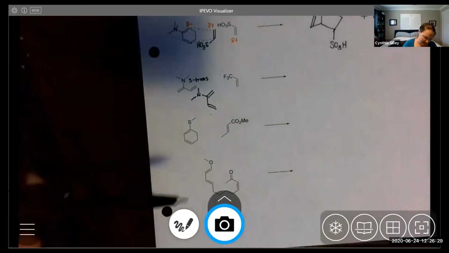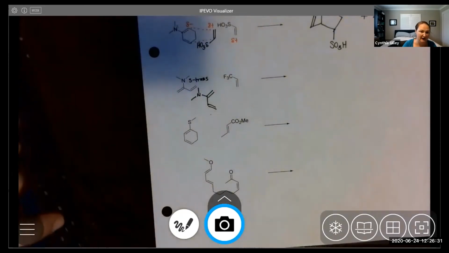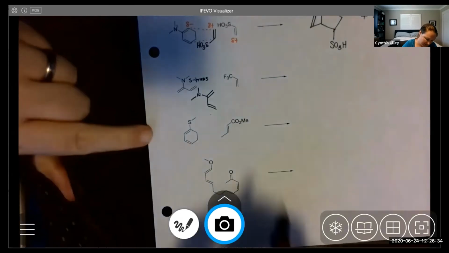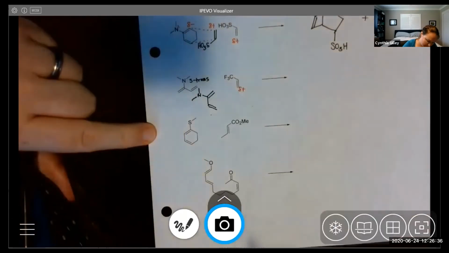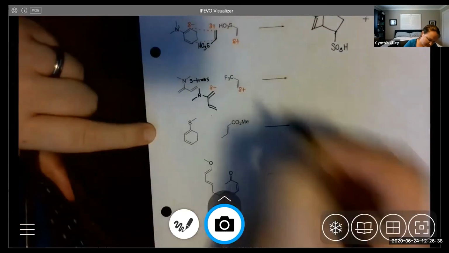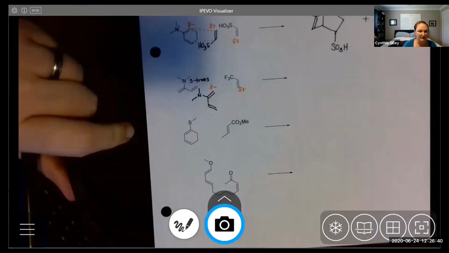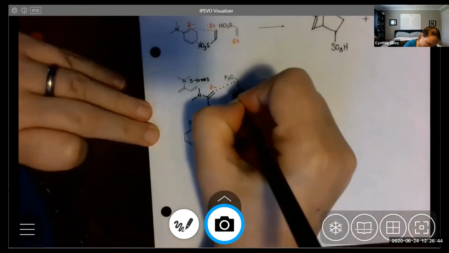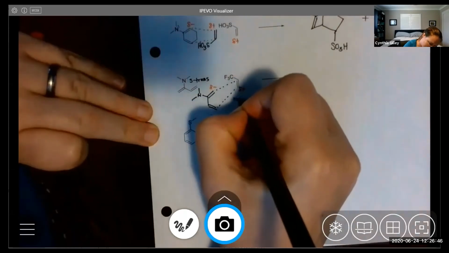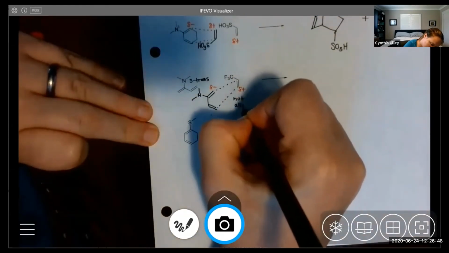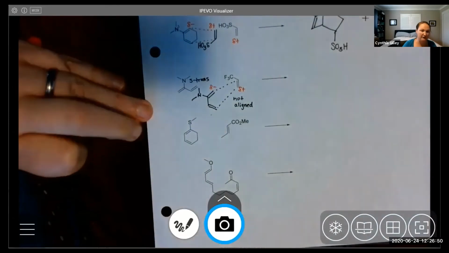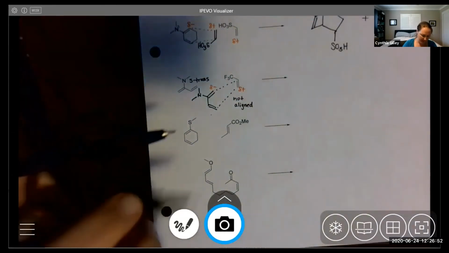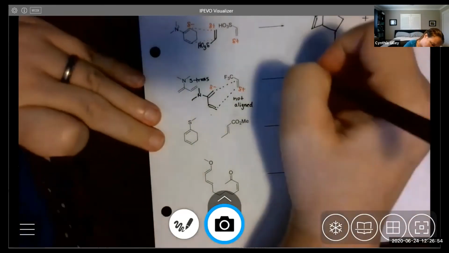and there is no internal plane of symmetry on either the diene or dienophile. So that means I have to make sure charges are aligned. They currently are not aligned. This is the alignment here. This is not. That would mean I have to switch one of these. So I'll redraw it over here.